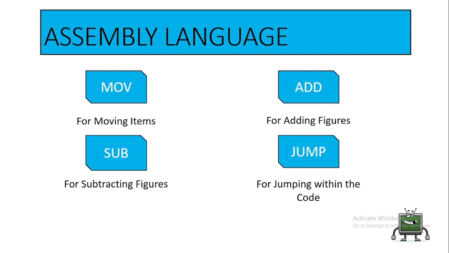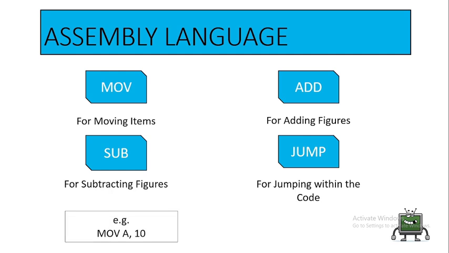If we would want to jump from step 1 to, let's say, step 10 within our code, then we use the symbolic code JUMP to do that. So instead of using zeros and ones, symbolic codes were used to represent machine-specific instructions.